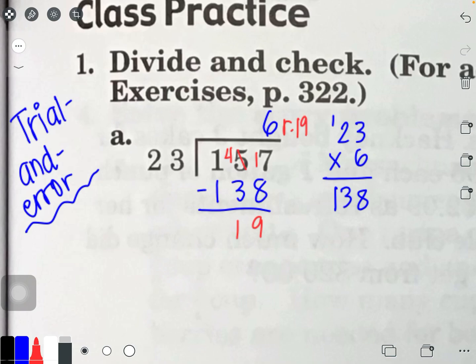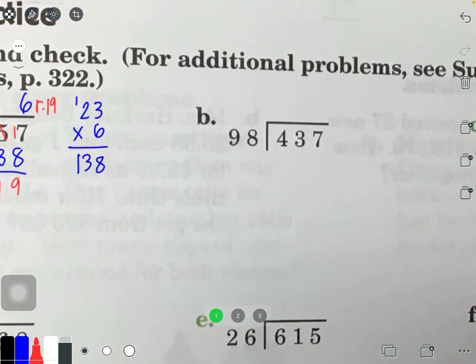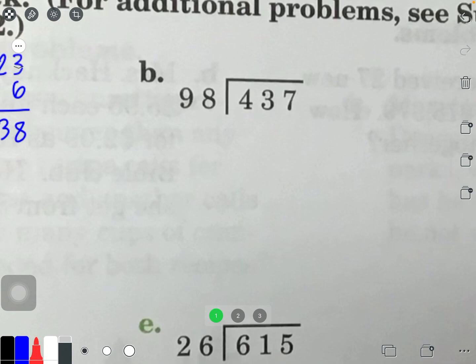Again, this is trial and error. And you may think trial and error is so long. First of all, it's long division. Second of all, it's time consuming because you have to try again if it doesn't work. That's okay. That's what math is. That's what science is. That's why, with the vaccine out there, after the first wave of COVID way back in March of 2020, they tried vaccines.